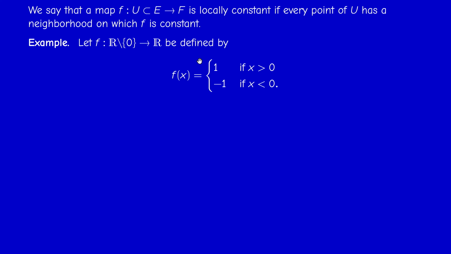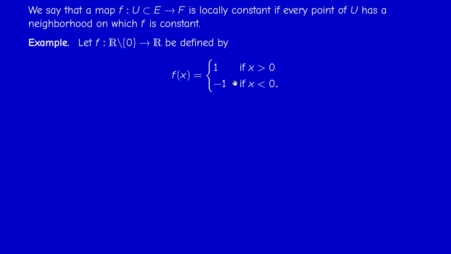So the function arctangent x plus arctangent 1 over x actually is locally constant. But this is very similar to this other function, which just takes two values, 1 if x is positive and -1 if x is negative.